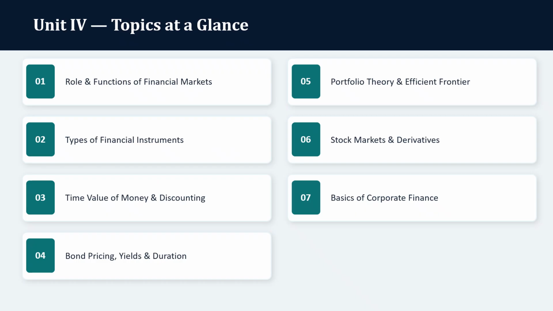Before we go deep into the first conceptual topic, let me very briefly revise what this unit covers overall. The main themes are the role and functions of financial markets, and the types of financial instruments, that is debt, equity, derivatives, and foreign exchange related instruments. Then we have time value of money and discounting.